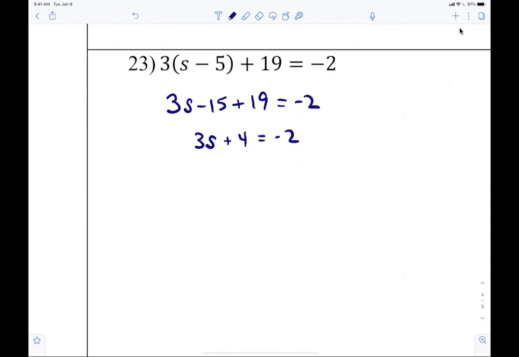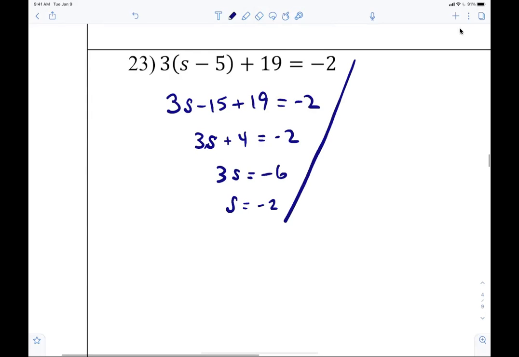You are amazing. Then that would equal 3s equals -6, because -2 plus -4. I got you, you don't have to explain. Then divided by 3, and -6 divided by 3 is -2.